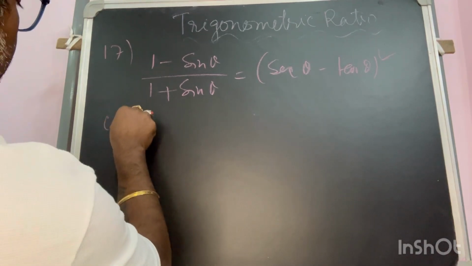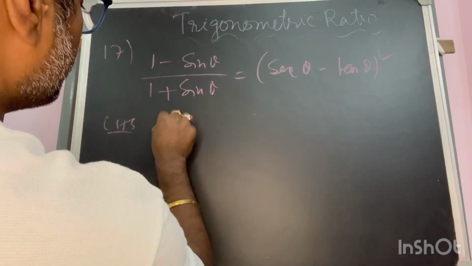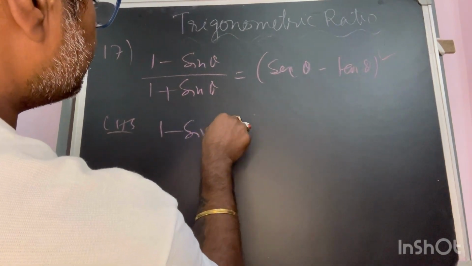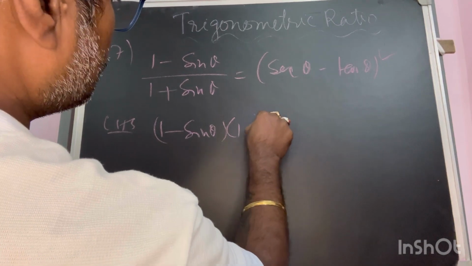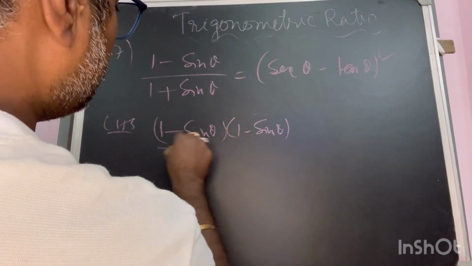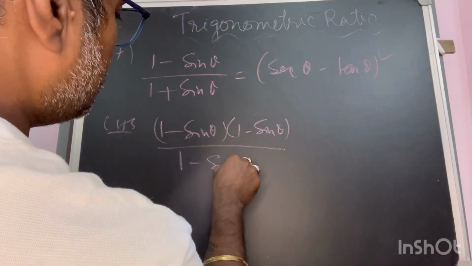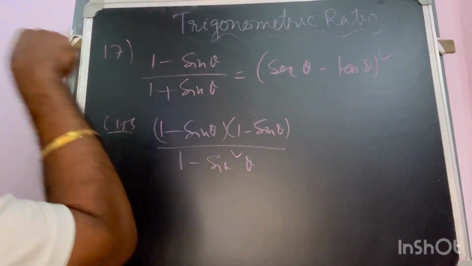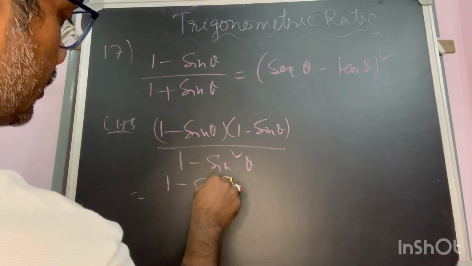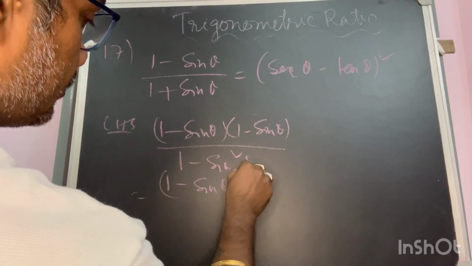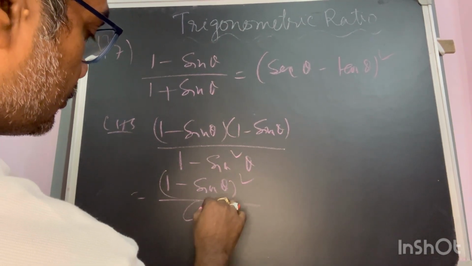Let me start from the left hand side. So 1 minus sin theta, I will multiply with 1 minus sin theta on the numerator and denominator both, and this will turn into 1 plus sin theta and 1 minus sin theta, that will be 1 minus sin square theta. So this will be 1 minus sin theta whole square divided by cos square theta.